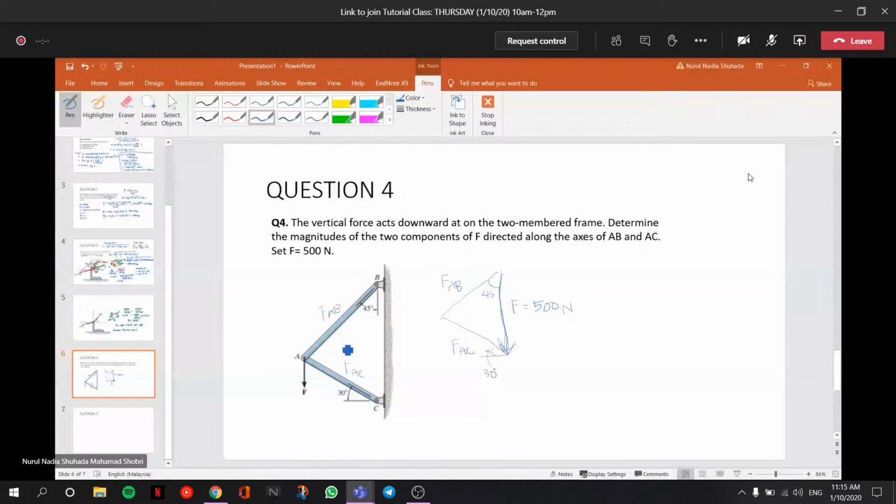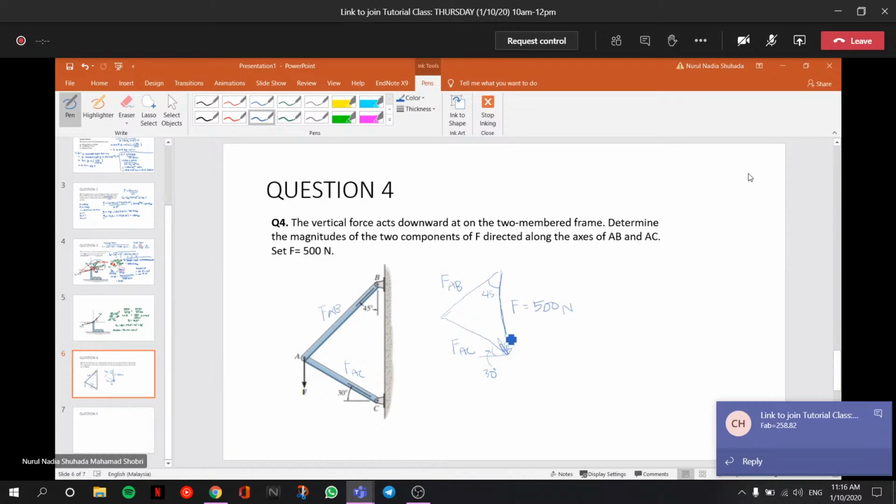And if we redraw into the triangle rule, it would be something like this. For this question, since we have the angle here 45 degree and the angle here 30 degree, we can simply settle the angle here.